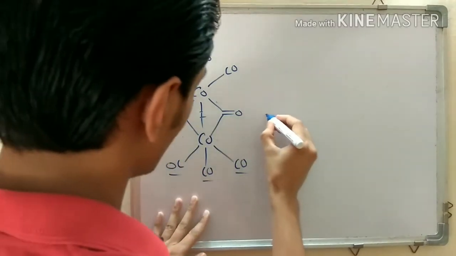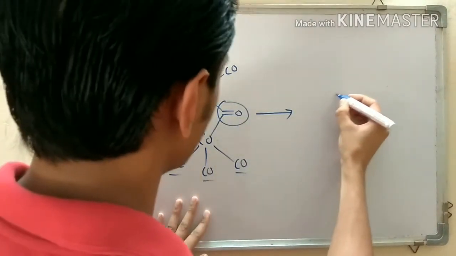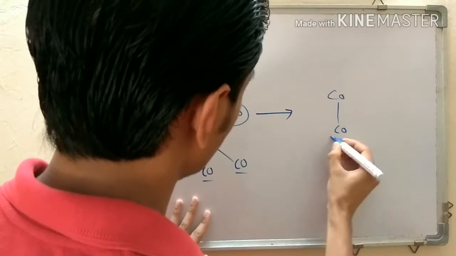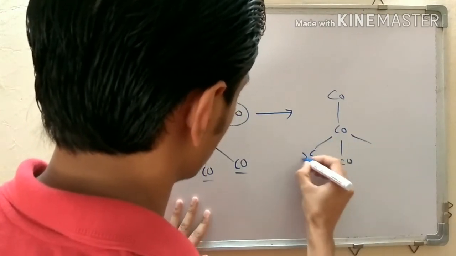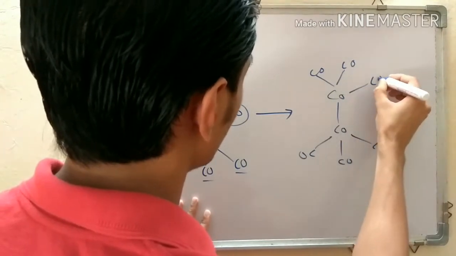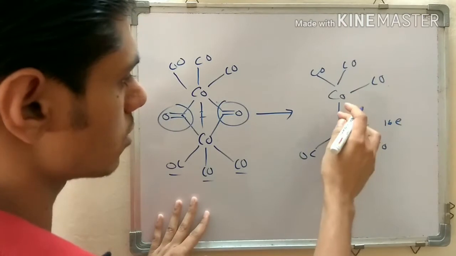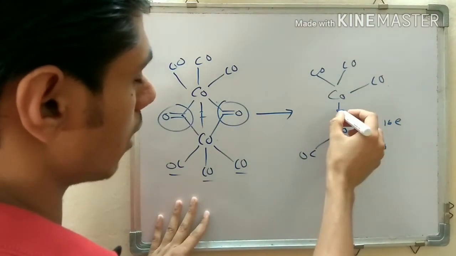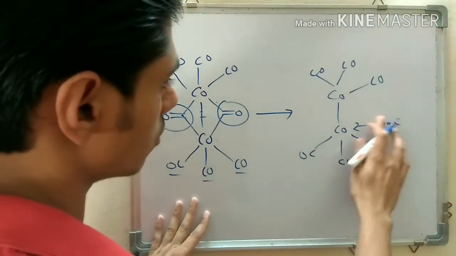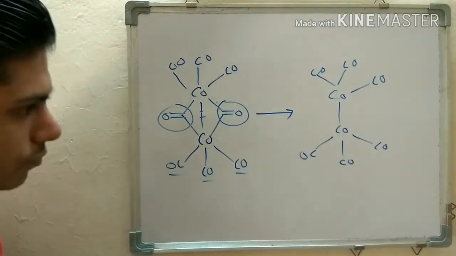It will first lose these two bridging carbonyl ligands, which gives you this. Now you can see both of these cobalt centers are 16 electron species, because cobalt 9, then 9 and 1 makes 10, plus 6, so 16 electrons. Each of these cobalts is now 16 electron.